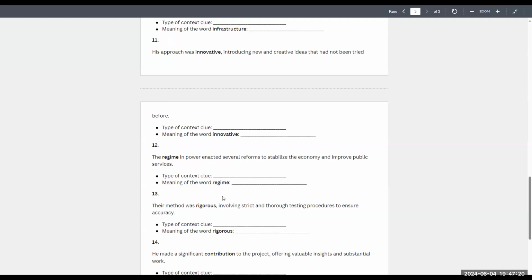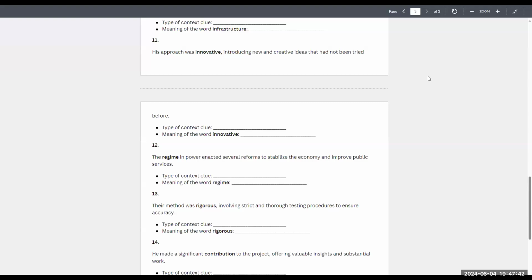Like a new regulation or something like that. The government. Yeah, close enough, right? The people in power, right? Enacted several reforms. So the government is that, and we know this because it is a series of clues.